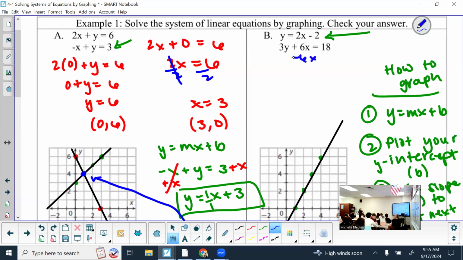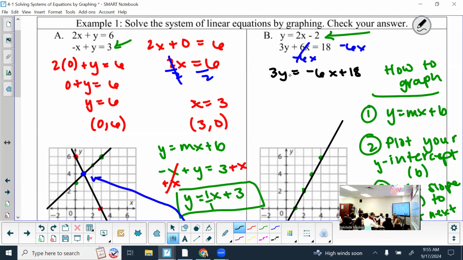And whatever you do, you do to the inside. So then that cancels this. I have 3y. Are these like terms on the right side? No. You could leave it as 18 minus 6x as long as you know which is your slope and which would be the y-intercept later. I like writing it like this so it looks like mx. It's still positive, and 6x is still negative.